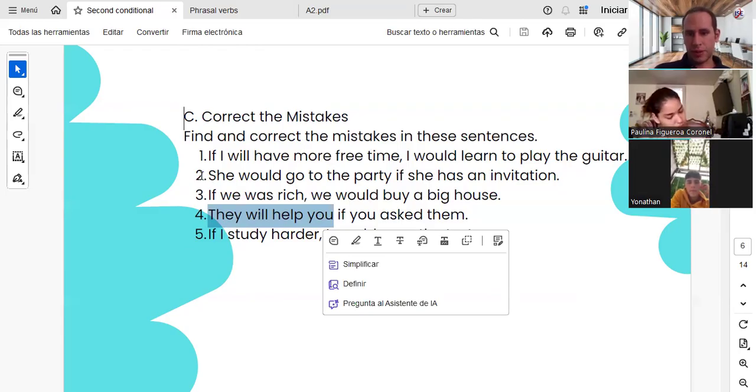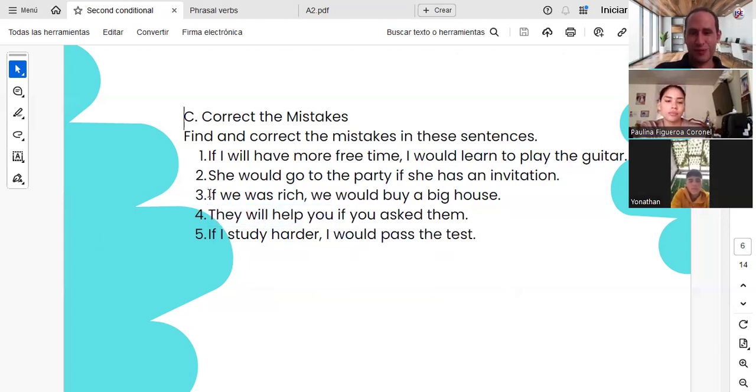Look at number 2: would, instead of will. Okay, so read the sentence again, please. They would help you if you ask them. Well done, you got it, Jonathan. This is the hardest one, when the order is changed. Well done. And the last one, Paulina, please.